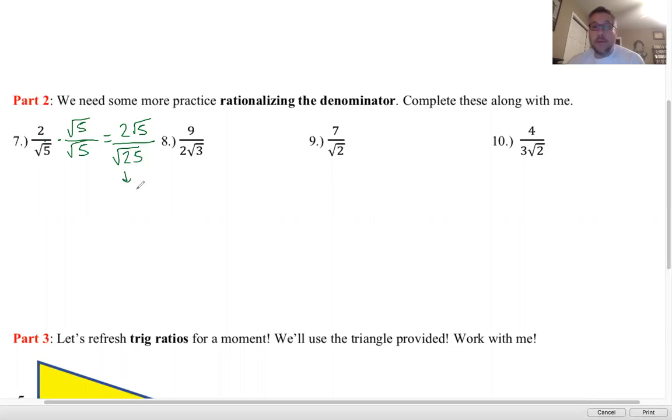Okay, now we'll simplify. We have 2 root 5 over this square root of 25. This is a perfect square. The square root of 25 is just a whole 5. Now, you may be tempted to simplify this square root of 5 and this whole 5, but don't be tempted because they're very different.